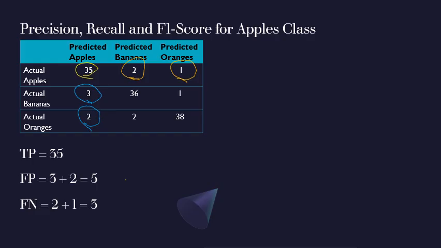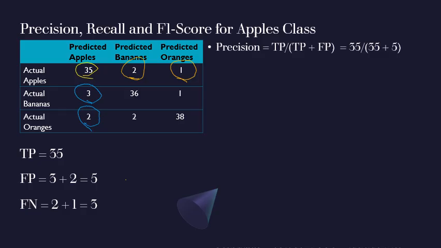We have 2 plus 1, we have 3 false negatives. Now that we have determined the values for our true positives, false positives, and false negatives, we can now evaluate the performance of the model for the apple class. So we have here our precision.